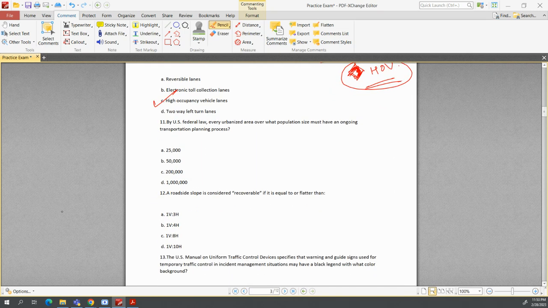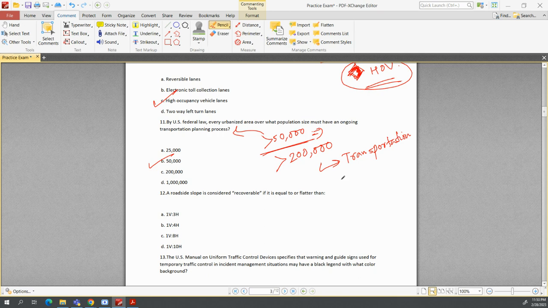Next question: by US federal law, every urbanized area over what population size must have an ongoing transportation planning process? That should always be greater than 50,000. If it's greater than 50,000, you will have a transportation planning process. And if it is greater than 200,000, you also need to remember this figure: it will have transportation management areas.